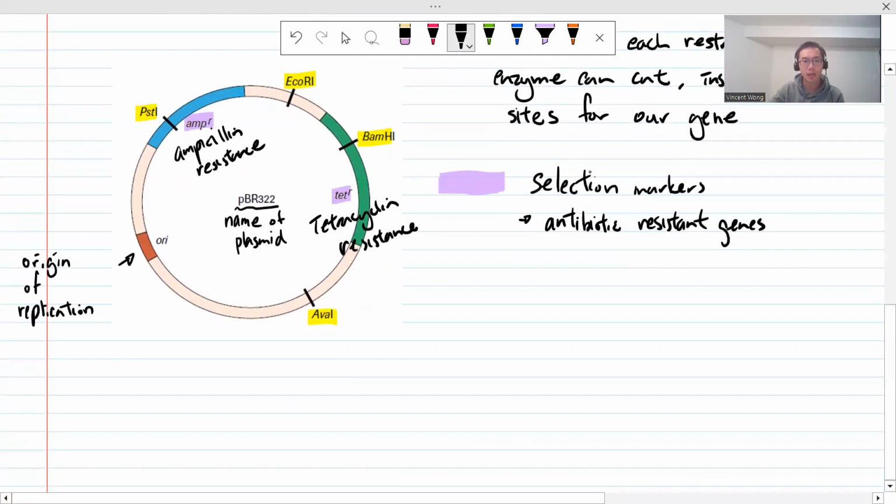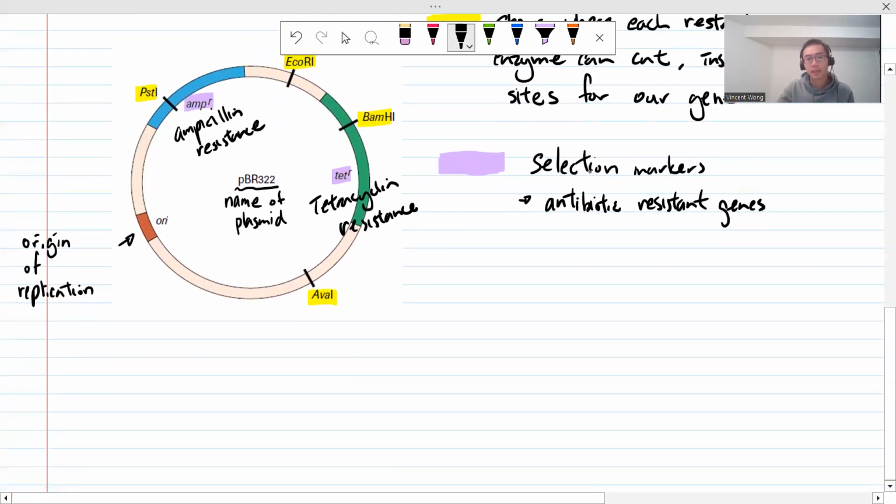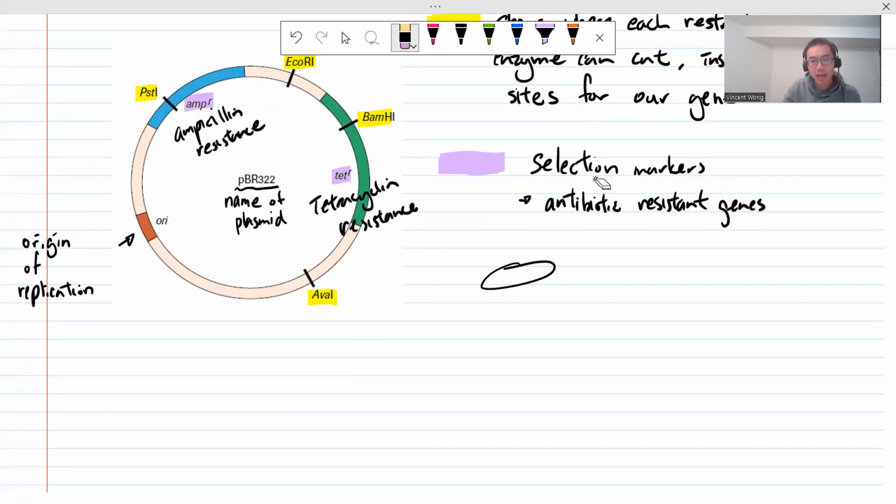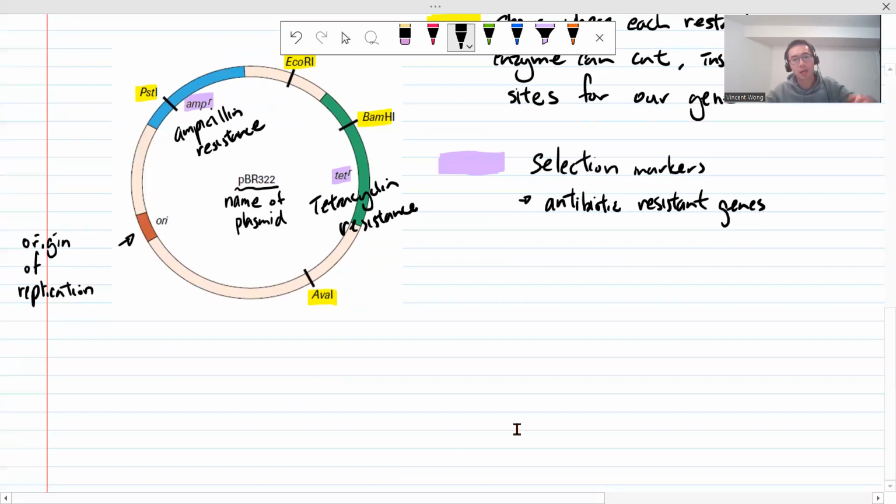So let's take a look at what happens. If you have a mixture of bacteria, let's just draw it again. So you have a bunch of bacteria.